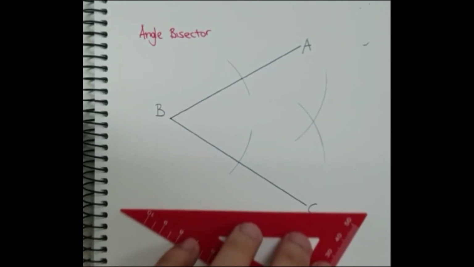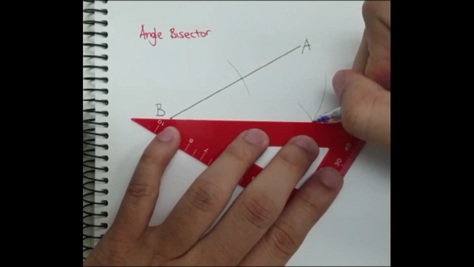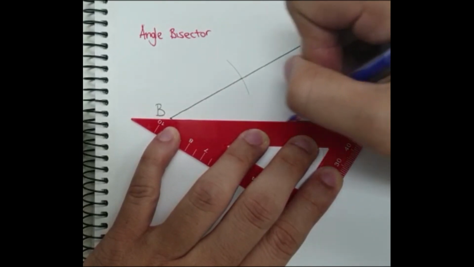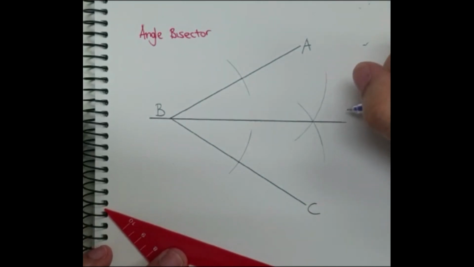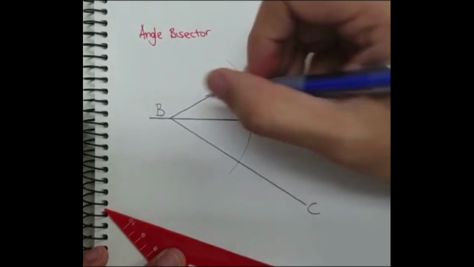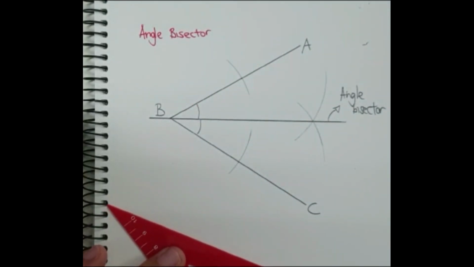Once you have an intersection of 2 arcs, go to here and extend it to B. And this is your angle bisector. It means that it cuts angle ABC into 2, and these 2 are exactly the same.